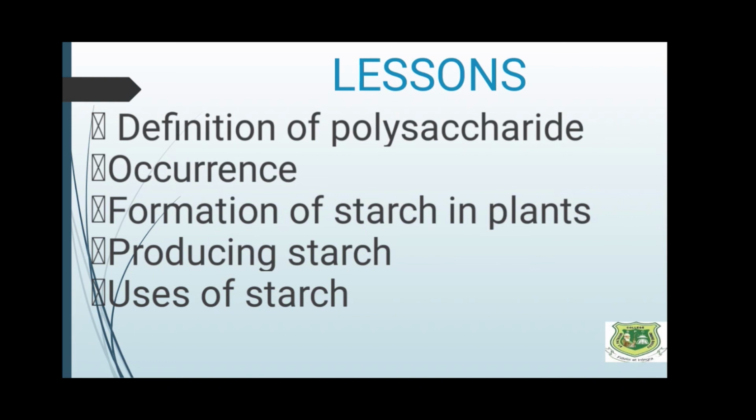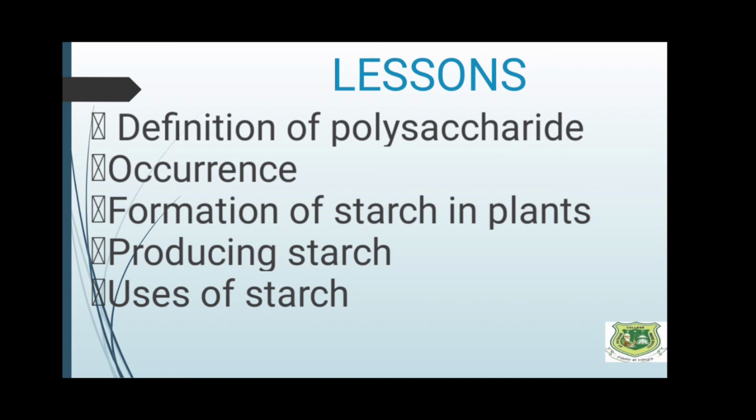The equation of the reaction is as follows, as you will see when you download your notes. The glucose produced undergoes condensation polymerization to form macromolecules of starch, which is then stored in the different parts of plants. Like we said, in the roots of yam, starch is formed. In the roots of cassava, starch is also formed.